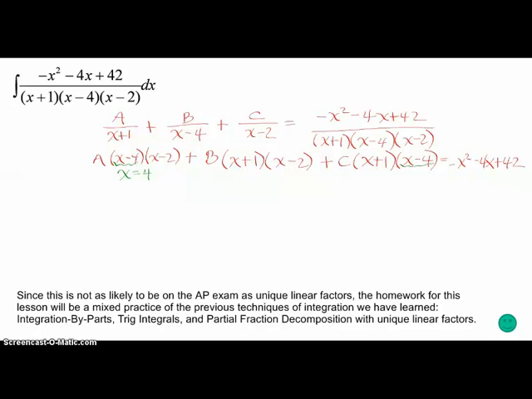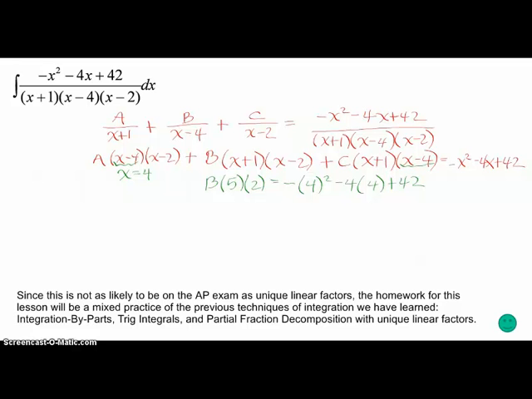So not only is that going to take care of a for me, it's going to take care of c as well. So what I'm going to wind up with is b times 4 plus 1 times 4 minus 2 equals negative 4 squared minus 4 times 4 plus 42. And that's how I find the value of b.